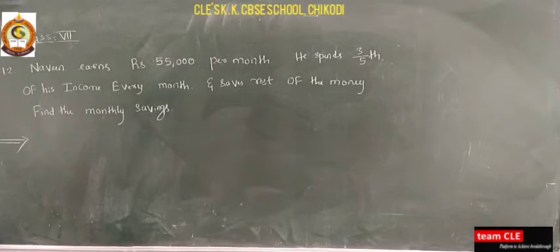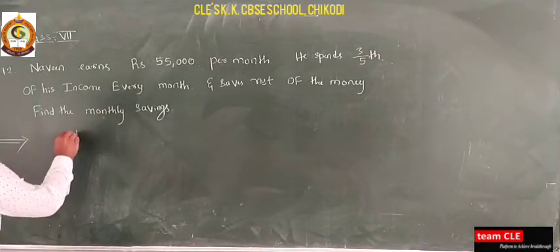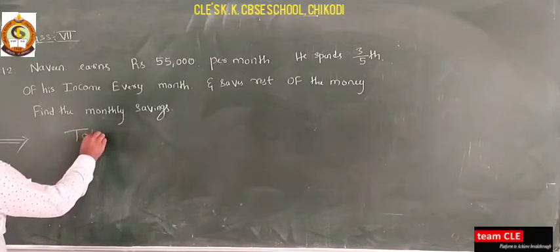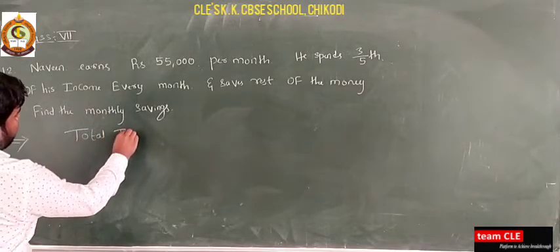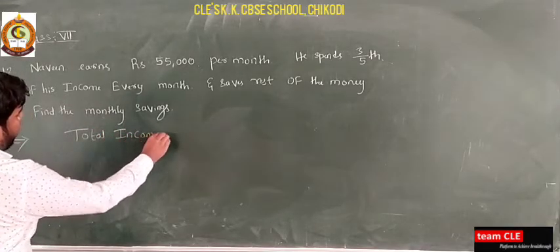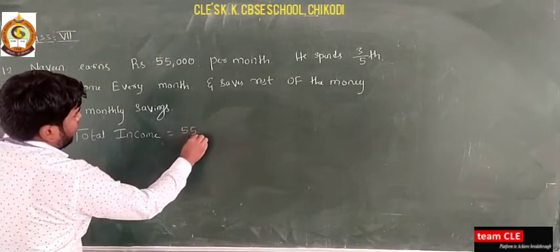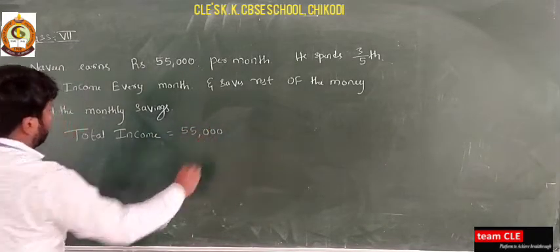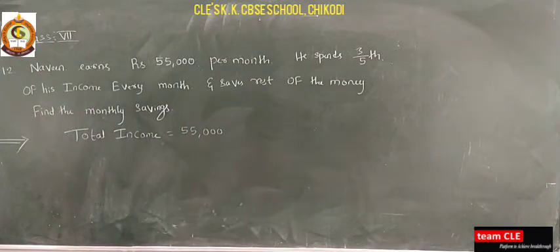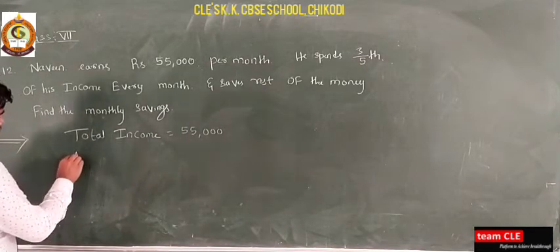So total income is how much? Total income is 55,000, which is given in the question.